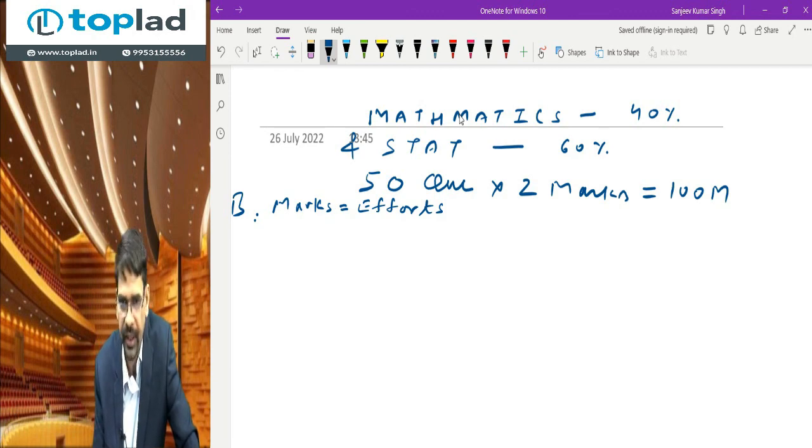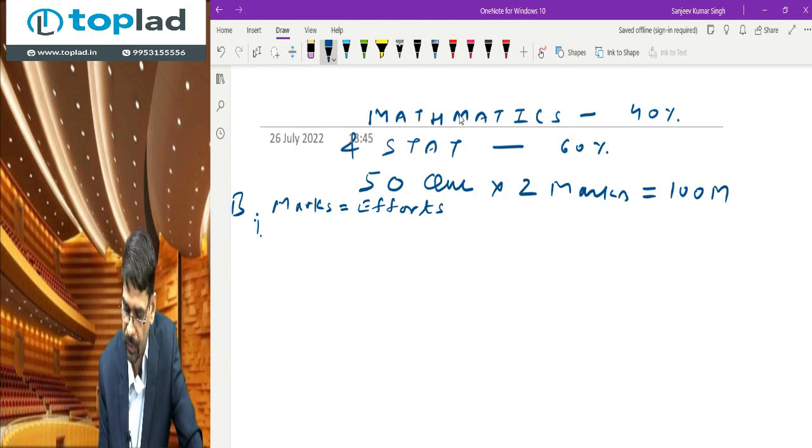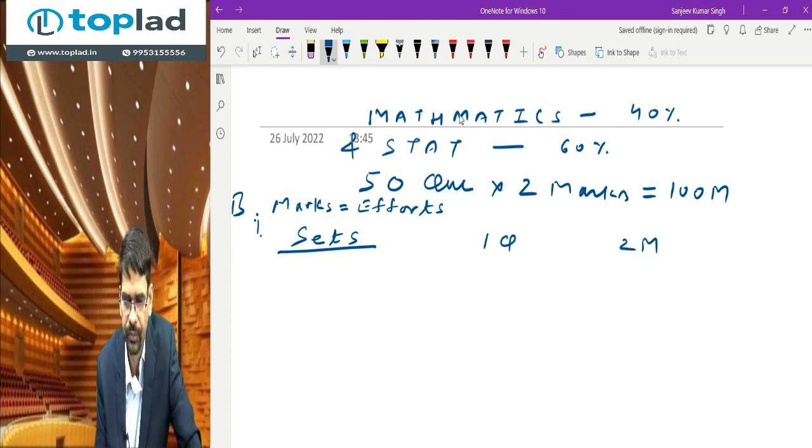Under the B category, our number 1 chapter is Sets. Under sets, there is only 1 question, that means 2 marks.